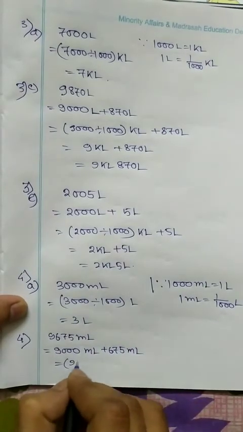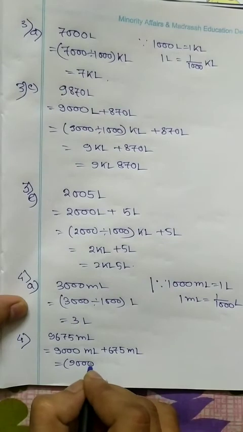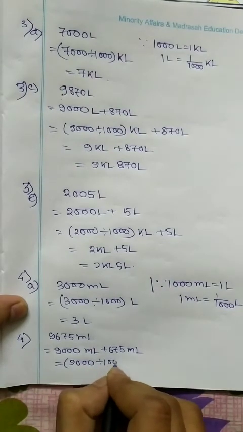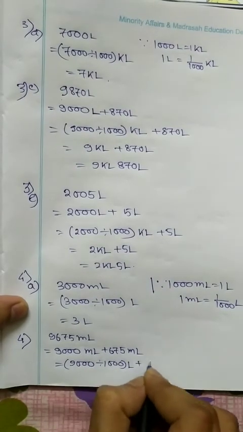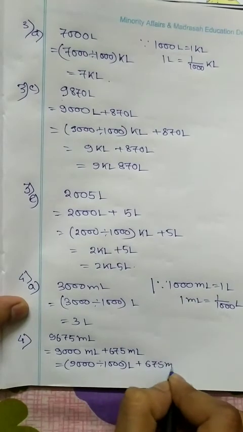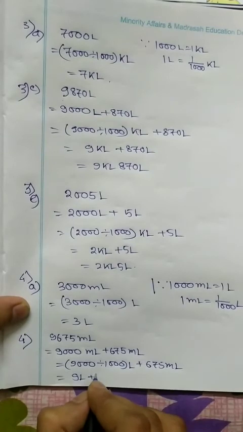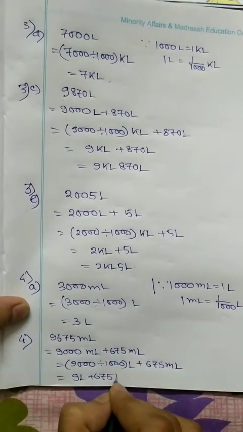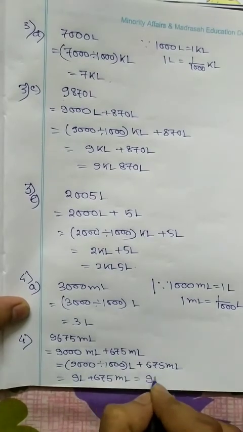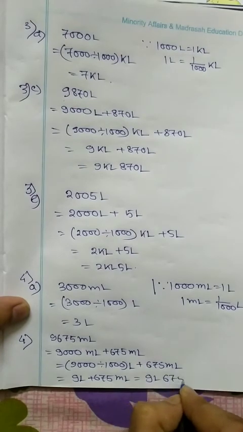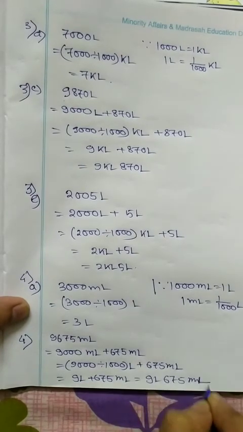When we convert milliliter into liter, we divide by 1000, and 675 milliliter remains. That is, we have 9 liter plus 675 milliliter, equal to 9 liter 675 milliliter.